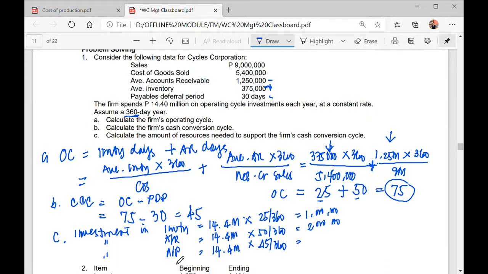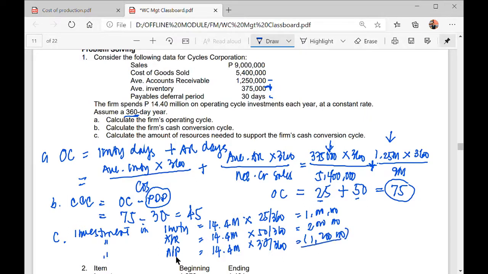Sorry, for accounts payable it is not 45. It should be 30, because that is the payables deferral period. So 1,200,000.